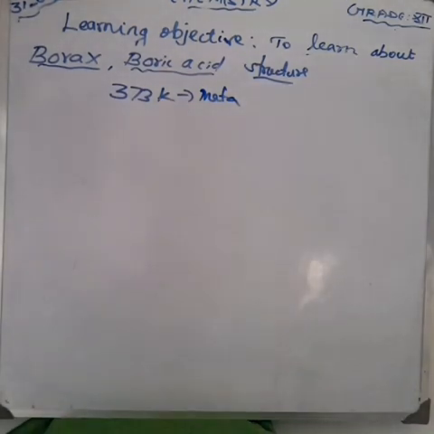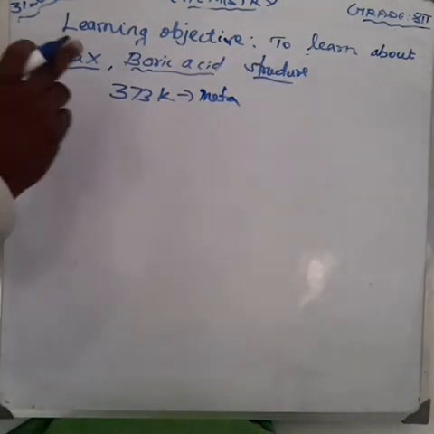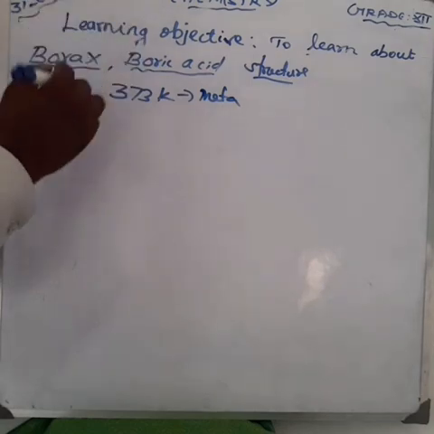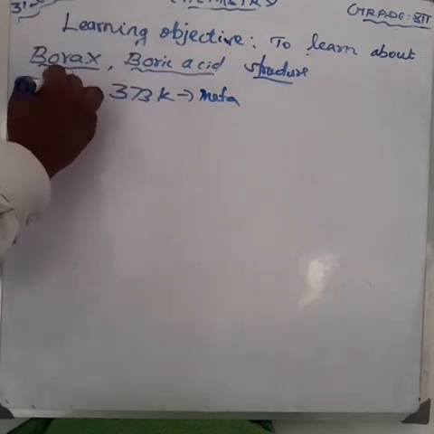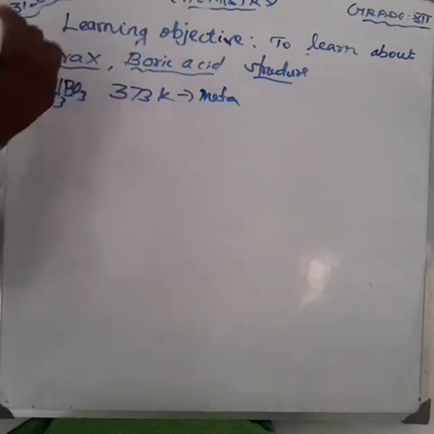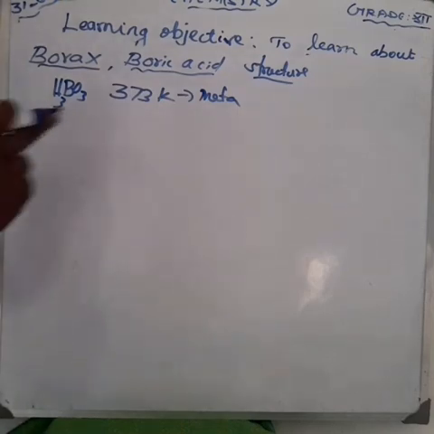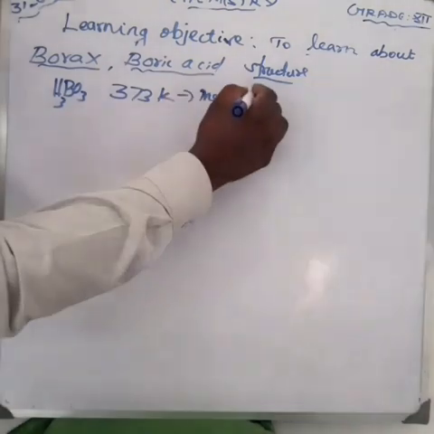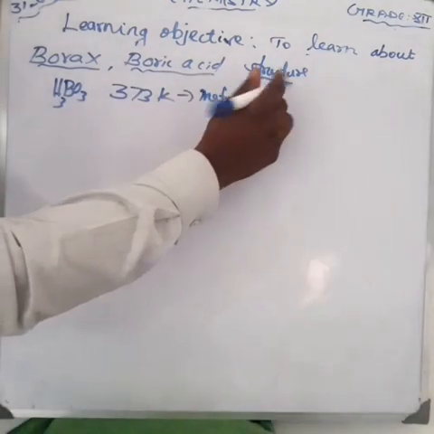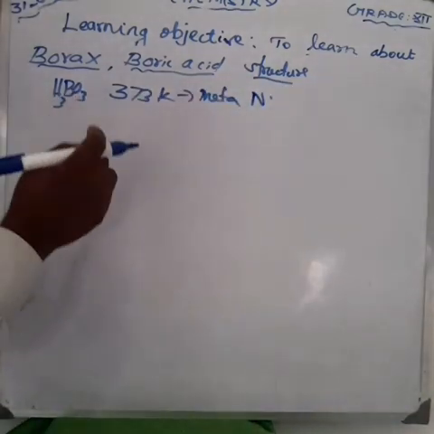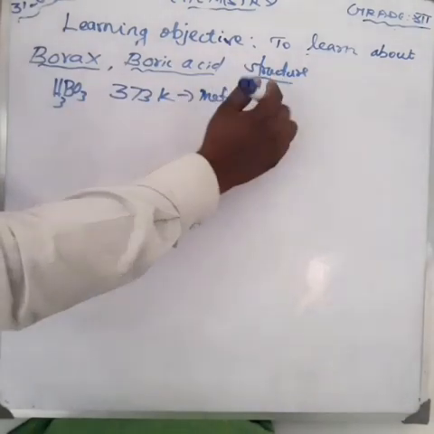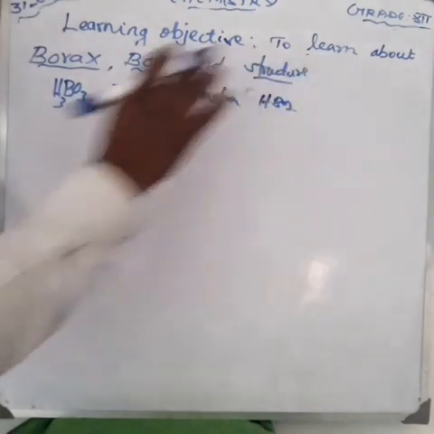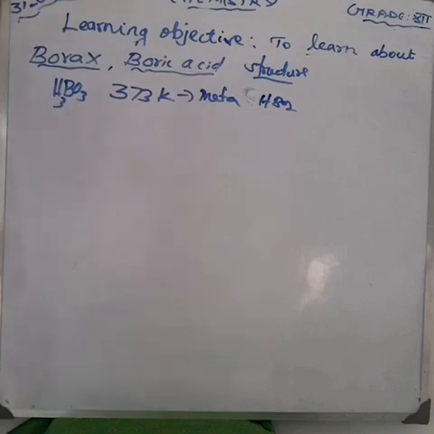What is the formula for boric acid? H3BO3. On heating at 373 Kelvin, we get metaboric acid, HBO2, and also water molecules.